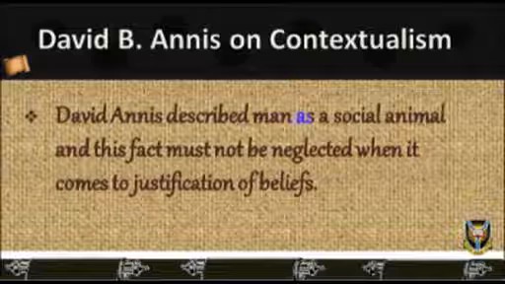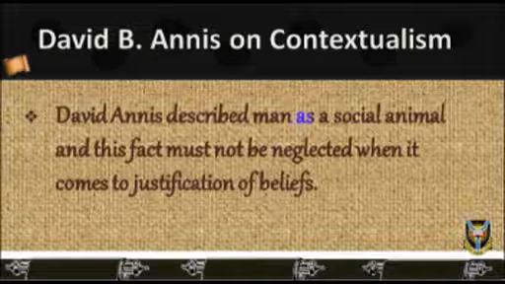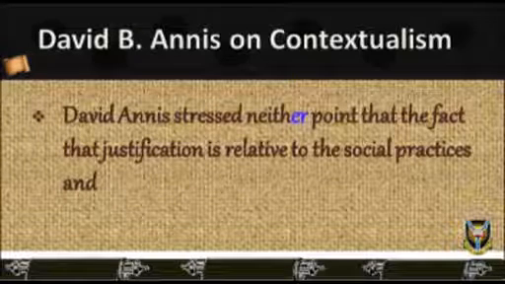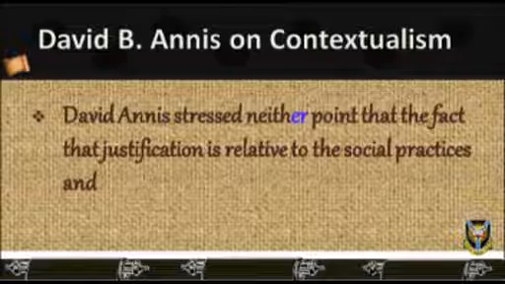the objectors will accept. David Harman stressed neither point: the fact that justification is relative to the social practices and norms of a group does not suggest that they cannot be criticized, nor that justification is somehow subjective. The practices and norms are epistemic and hence have as their goals truth and the avoidance of error, and insofar as they fail to achieve these goals, they can be criticized.